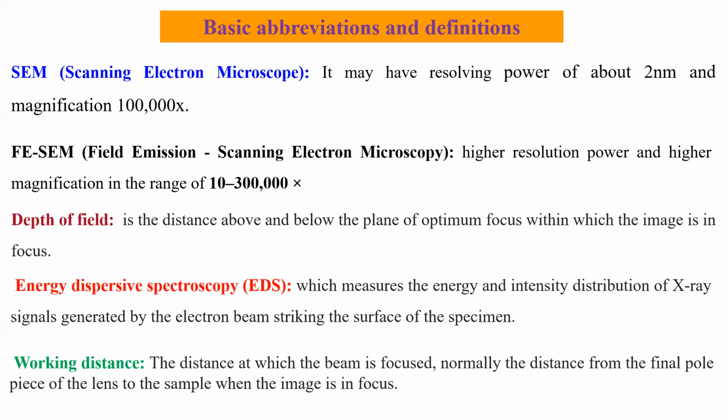Generally it should be less than 10 millimeters if you want to go for EDS analysis. So for any elemental analysis, the working distance should be below 10 millimeters to get accurate results.